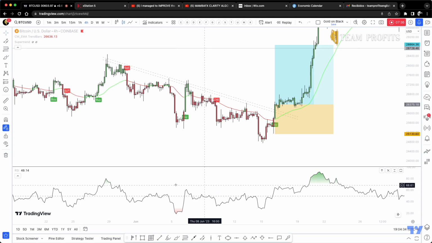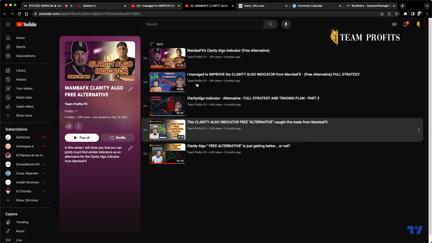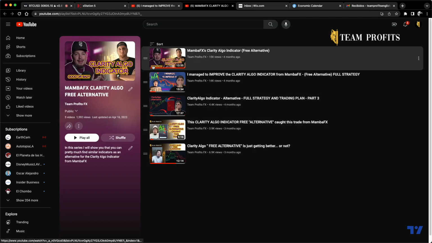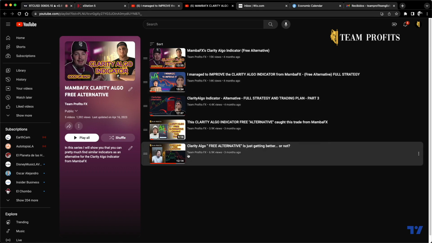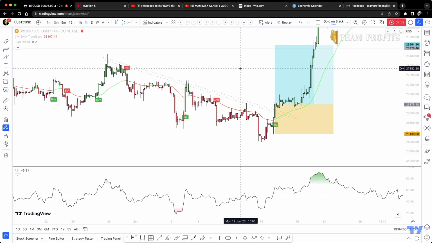The way we use the RSI indicator is that we want to go buying. That's a buy signal every time price goes above the 50% line on the RSI. If you wonder what settings I'm using as well, just go ahead and check the playlist because I do explain in there what settings I'm using. Just make sure to watch all of them if you want to definitely make something out of it.